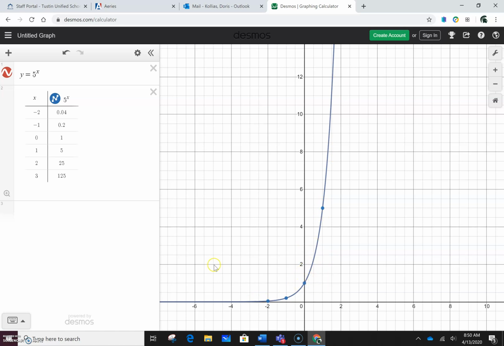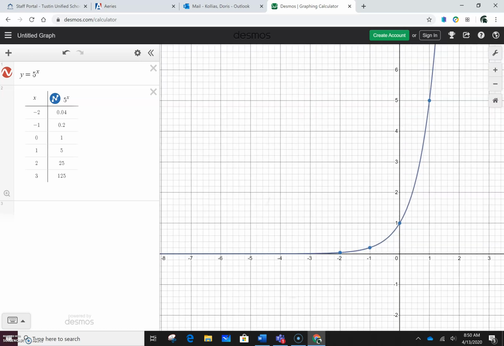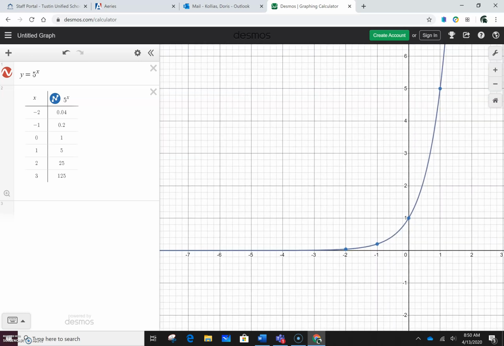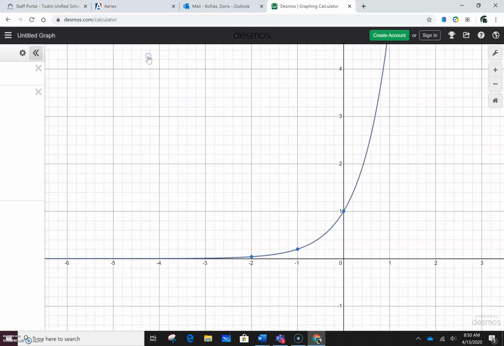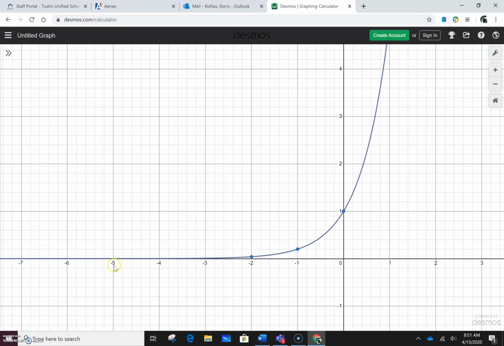It might be a little bit flatter depending on the base, but one thing that's true is no matter how negative I go with the exponent, it's never going to cross or even touch 0.